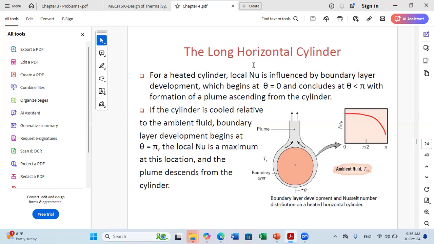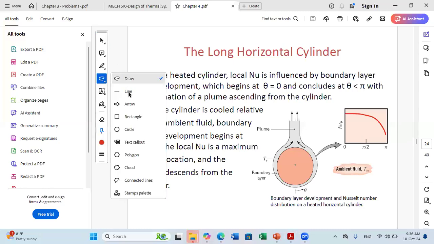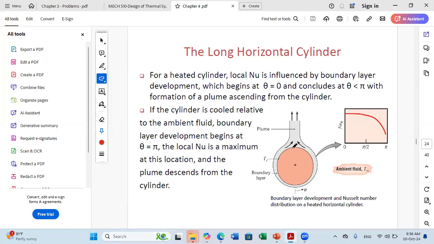Let us consider, for example, the case of a long horizontal cylinder. For a heated cylinder, the local Nusselt, when we say local, it means that we are finding it at a certain position. If I consider the following figure, what is happening is that the temperature of the cylinder is much larger than the ambient temperature.